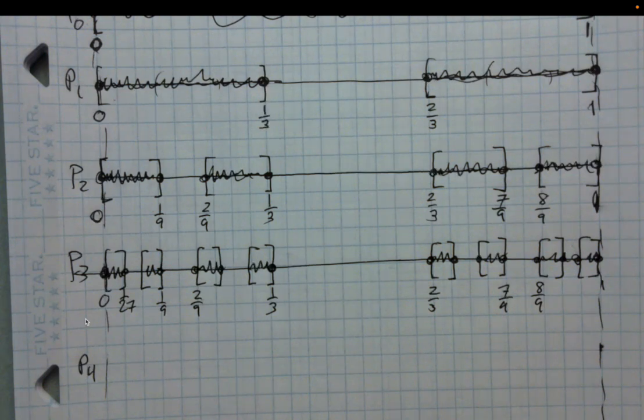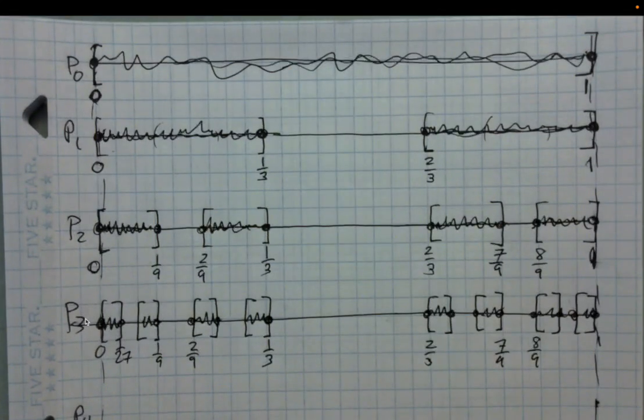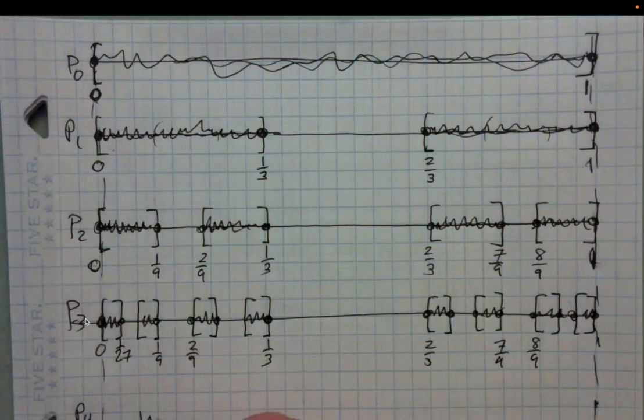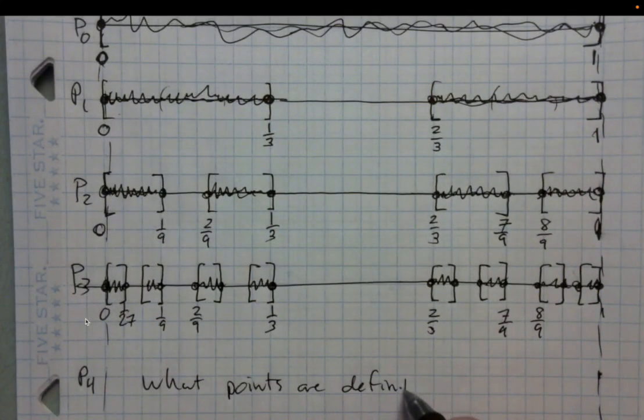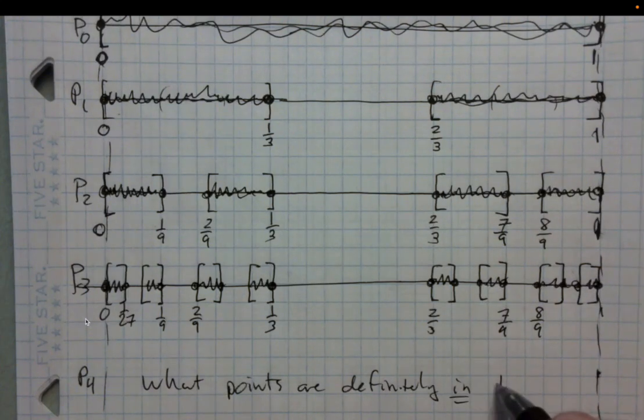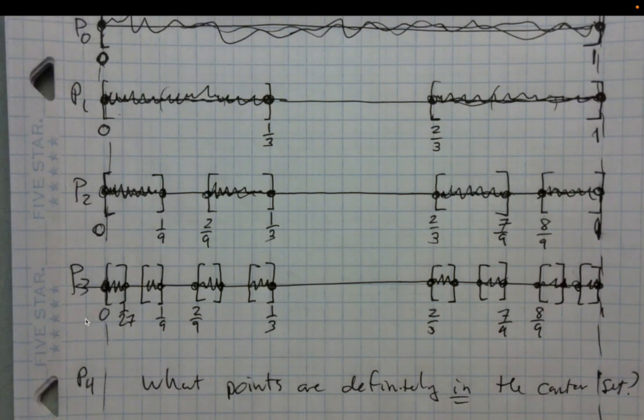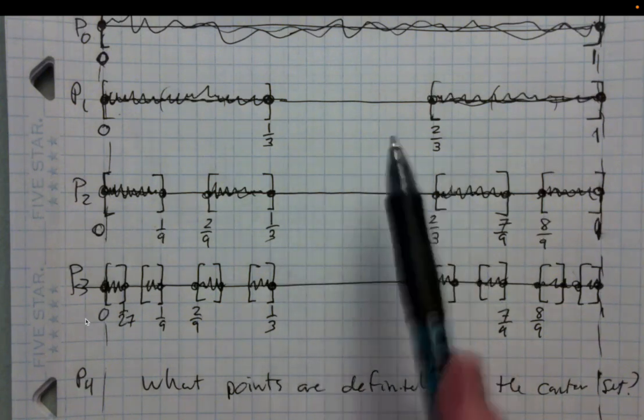So now, if you think about what happens in the limit, the question that I would ask is what points are definitely in the contour set? Right, we can clearly see that 1/2 is not in the contour set.